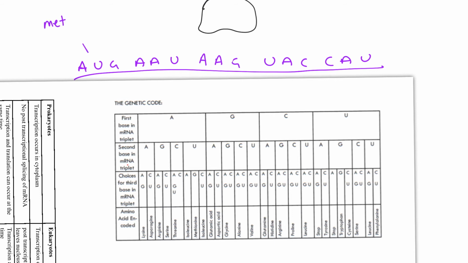The next one is AAU, and we can see that that one codes for asparagine. The next one is AAG, which codes for lysine. The next one is UAC, and that codes for tyrosine. And the next one is CAU, and that codes for histidine.